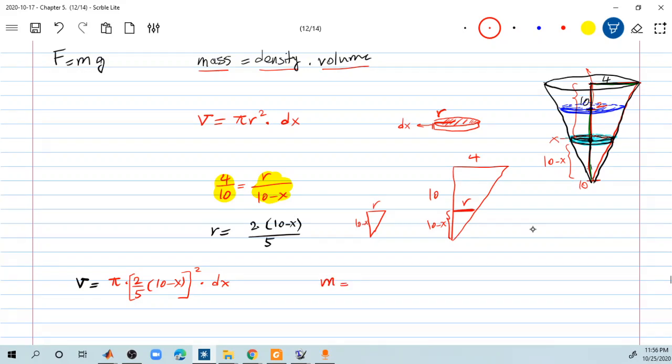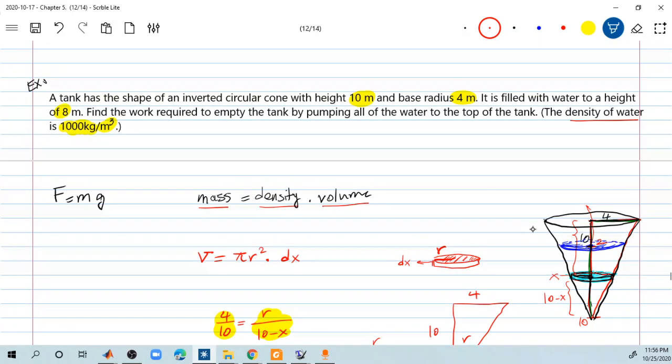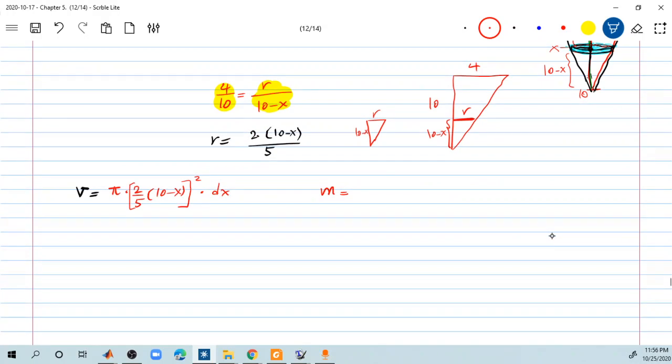Mass is volume multiplied by the density, and density is already given: 1000 kilograms per cubic meter. So the mass would be 1000 times pi times 2 over 5 times 10 minus x, squared, dx.